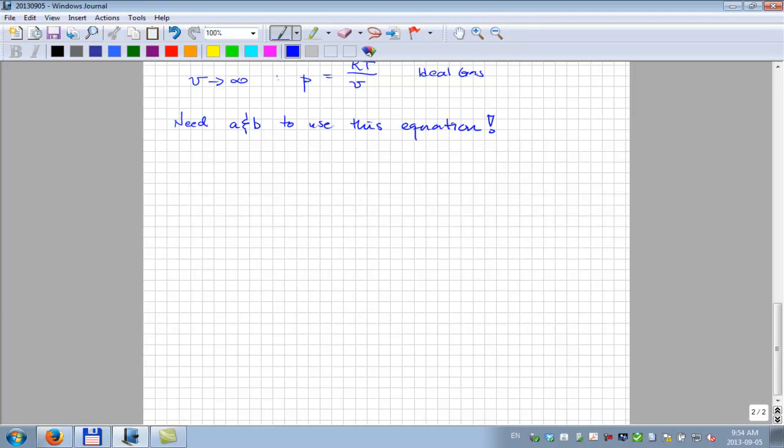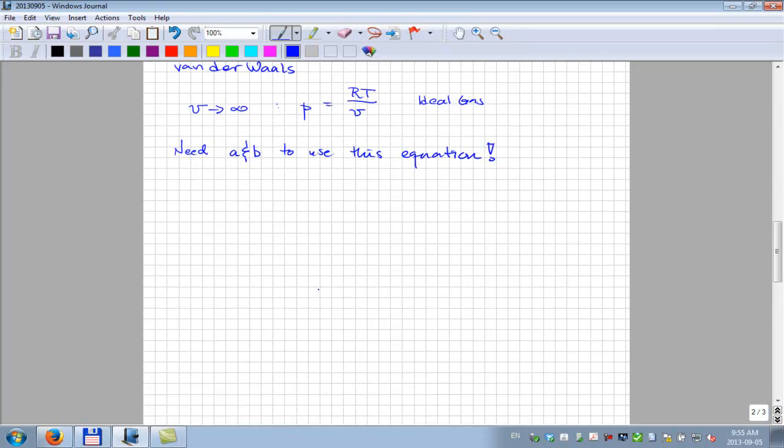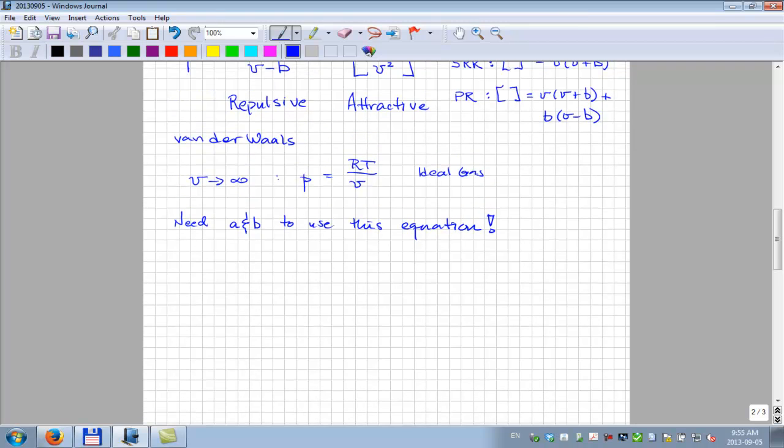And there are books that have A and B, but there are not very many of them around, because van der Waals to begin with, and these other guys, kind of copied what van der Waals did. Van der Waals gave a method to come up with a good estimate for A and B for any given component.